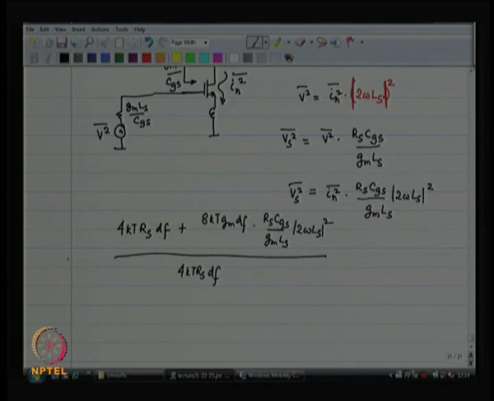So, this is the approximate noise figure, rather noise factor. Then 20 log of this will give you the noise figure. So, this is the simplified understanding of what is going on.